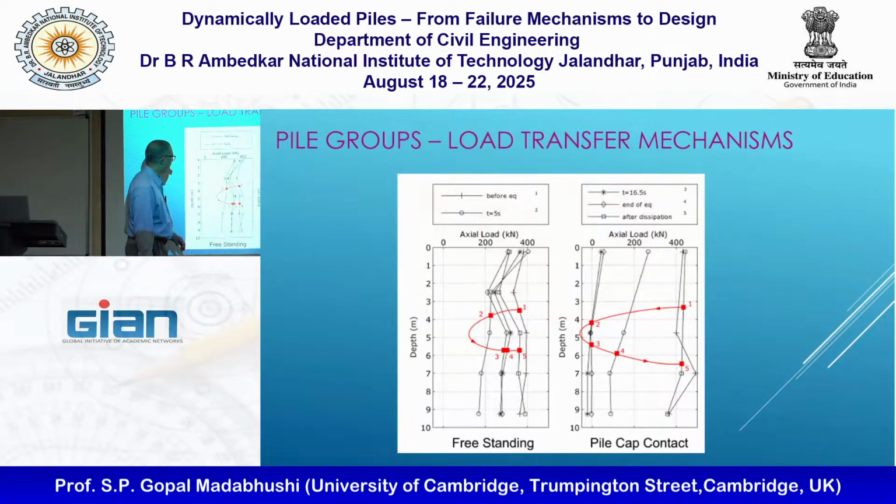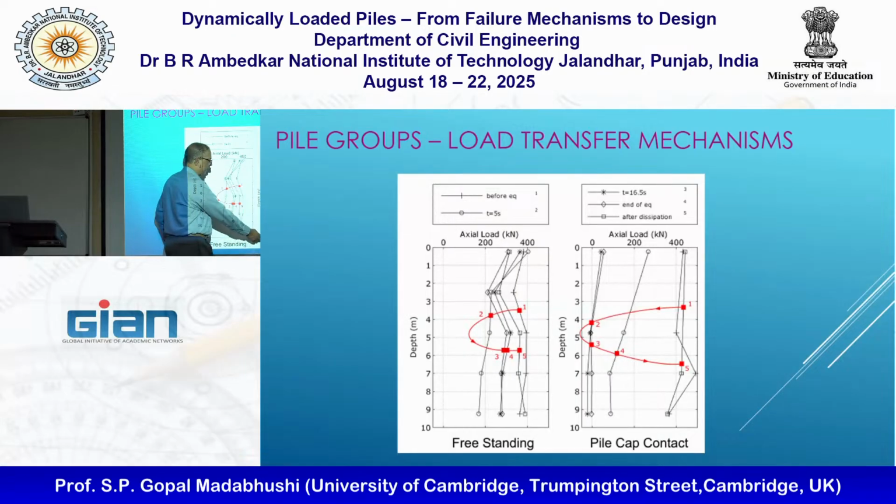For a freestanding pile, before the earthquake, I start with 1, and during the earthquake, it drops to 2, and then after the earthquake, it recovers 3, 4, 5. So 5 is the residual load. If I look at this, the smallest value it is falling to is about, let's say, 200 kilonewtons.